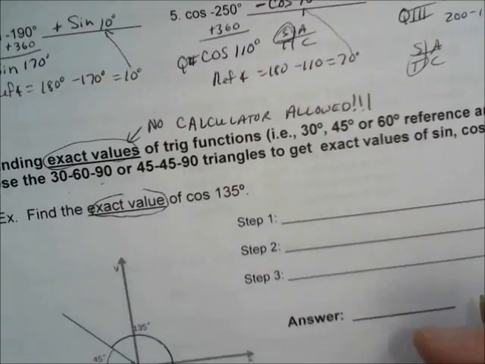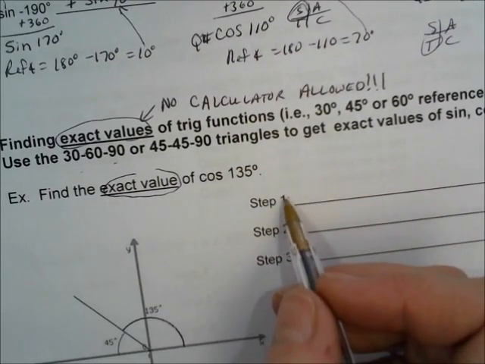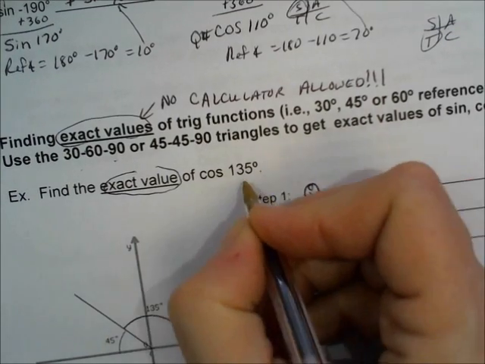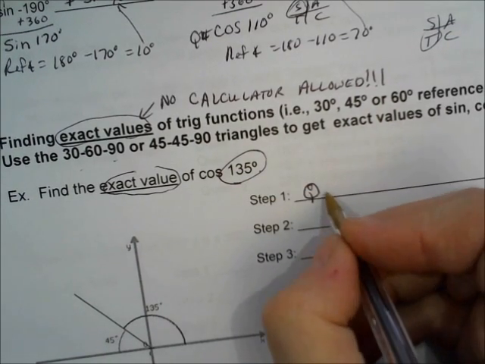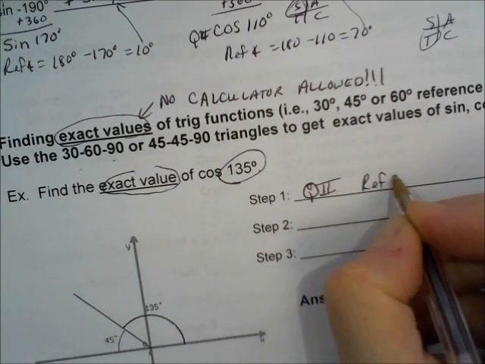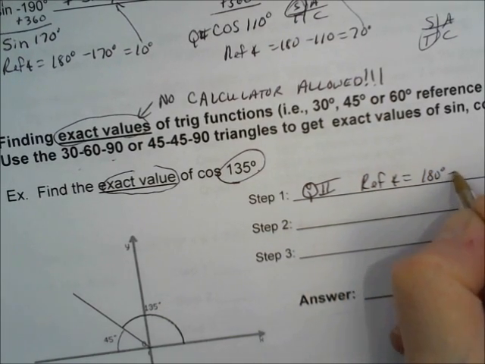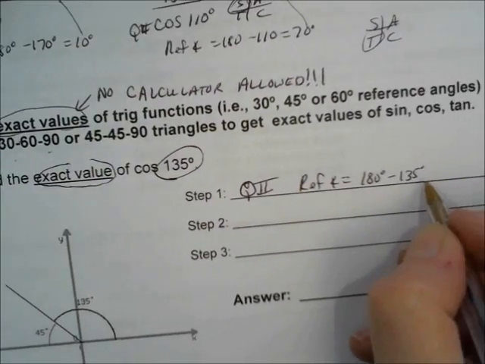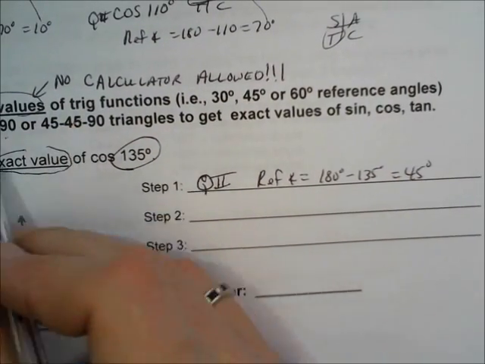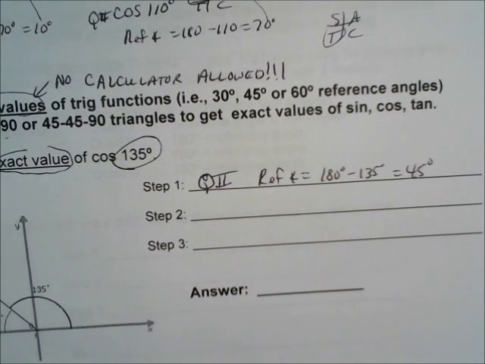All right, so what we have to do is, just like we did before, step 1, find what quadrant it is in. 135 is in quadrant 2. And the reference angle is 180 minus 135, which is 45 degrees. I knew it was either going to be a 45 or a 30 or a 60.